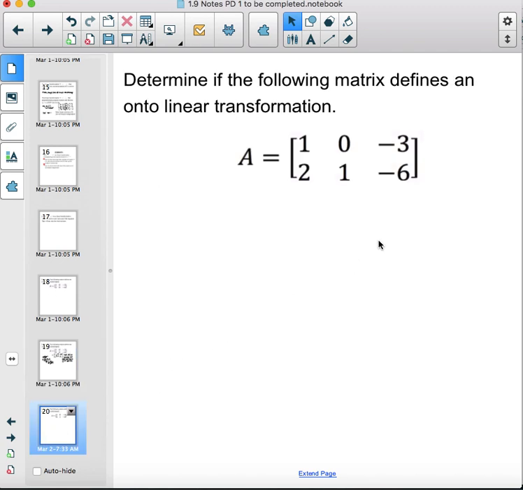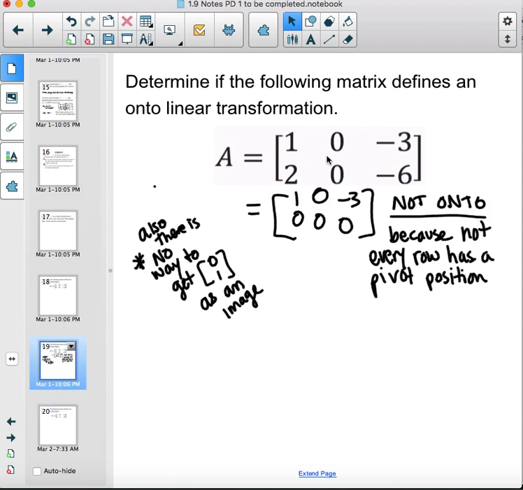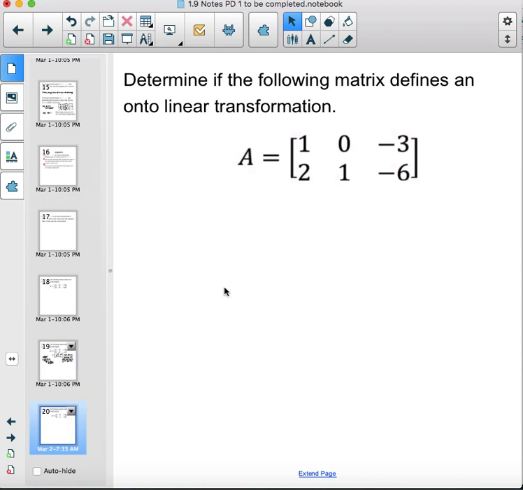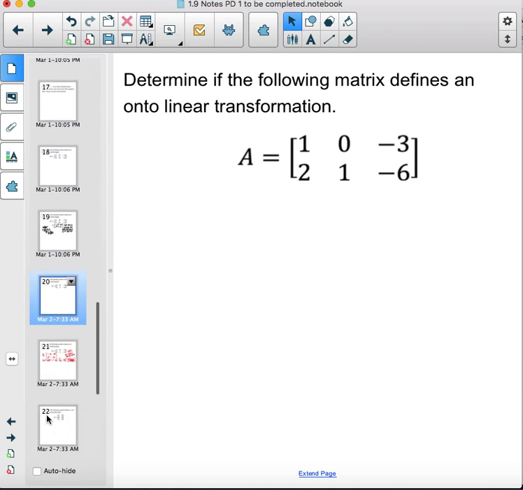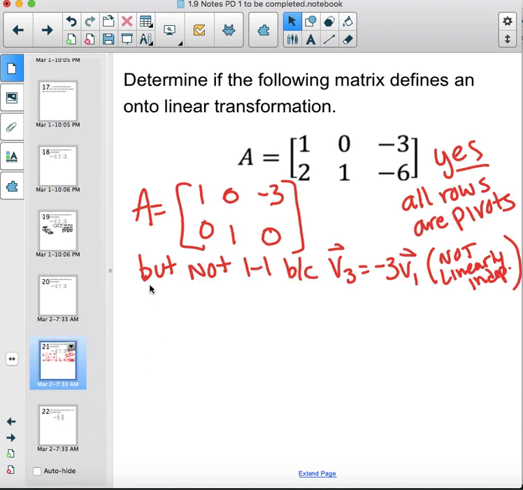So is this one an onto linear transformation? Let's back up a sec. Here, the first row multiplied by 2 gave you the second row, so that's why those were all zeros. But here I changed that 0 to a 1. So now what do you think? Yeah, so you take A and you reduce it to get two rows, both have a pivot, and so all the rows have pivots.